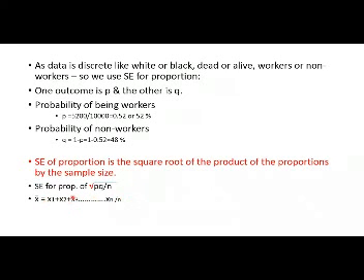While for calculating standard error of proportion, the formula is the square root of the product of proportions divided by the sample size. So this is P into Q, the product of proportions, and this is the square root of PQ by sample size.